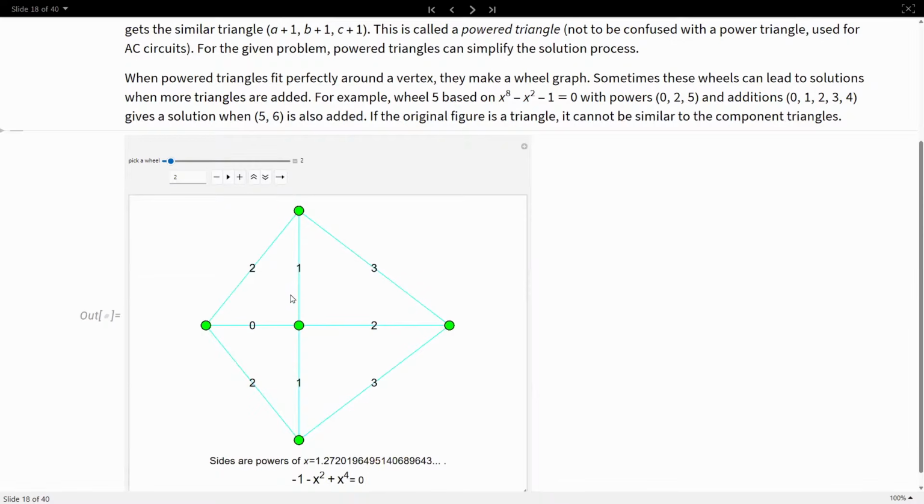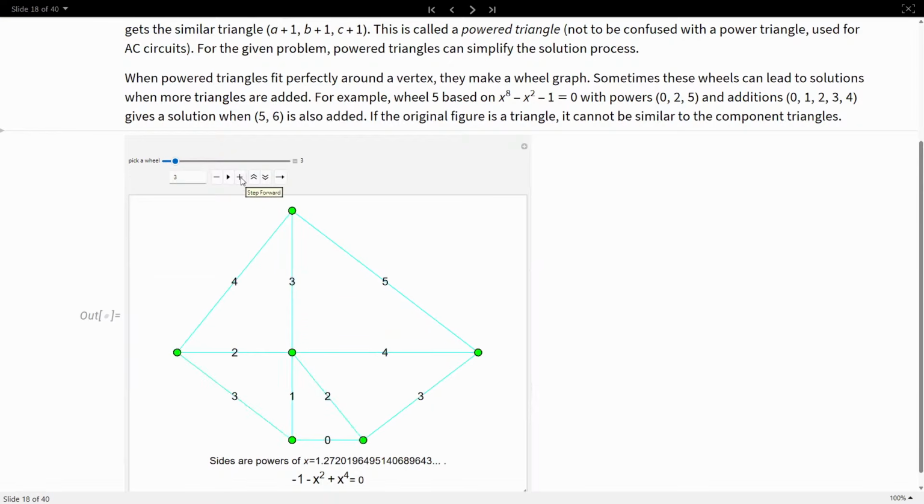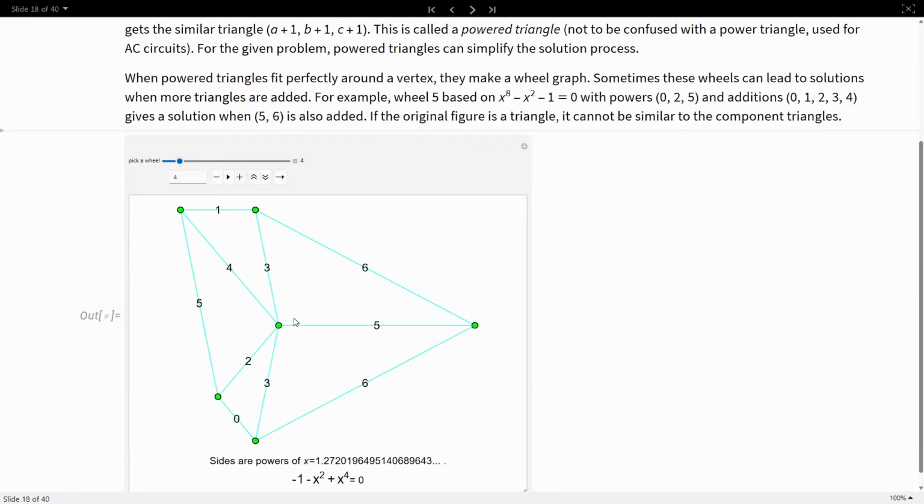This has all right angles, so this isn't quite as interesting. Same here. But this is based on the square root of the plastic constant. Oh, sorry, the square root of the golden ratio. You could complete a triangle with these just by extending these two lines.